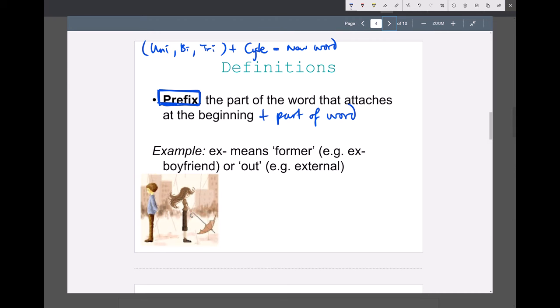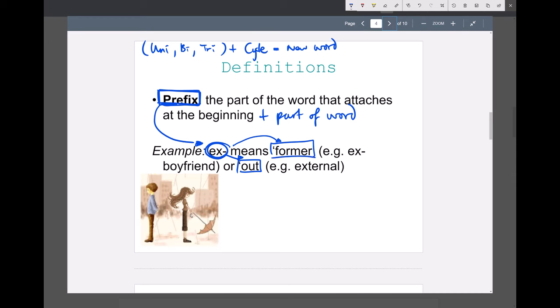For example, here's a prefix, a part of a word that you put before a word. And ex means former, something that was before, or it could mean something outside of.